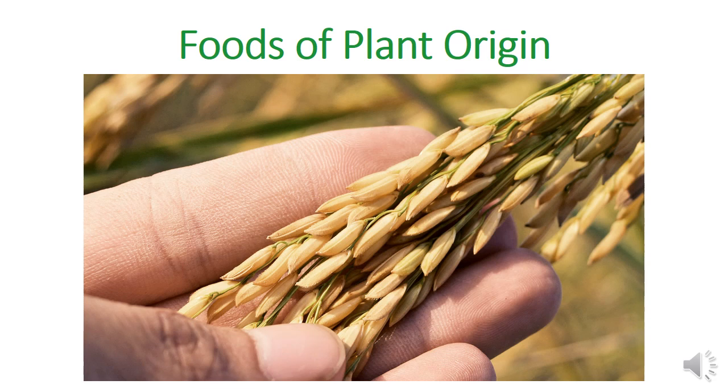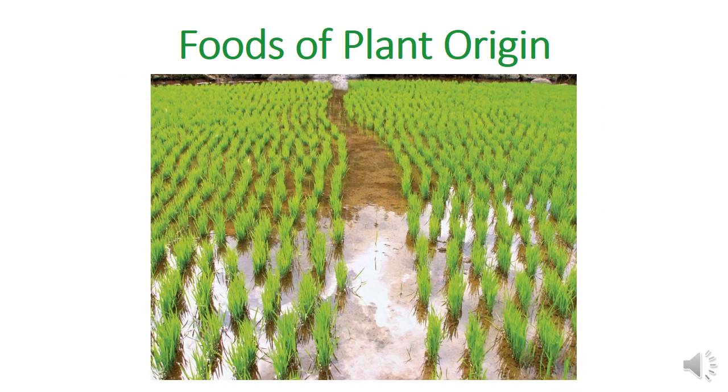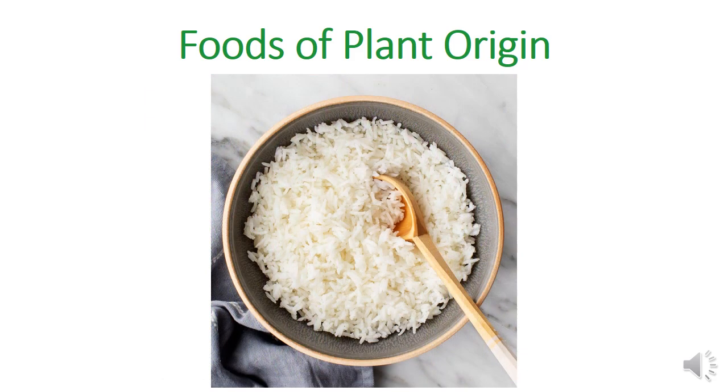Now this is another plant. Do you know what this plant is? Look at the shape of these grains. If you look closely, it looks like the wheat plant, but it is another plant. It is something that we use in a lot of meals, which is the rice.